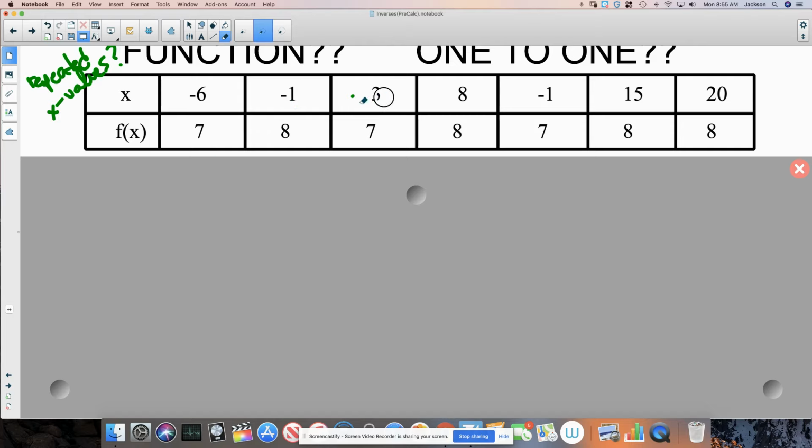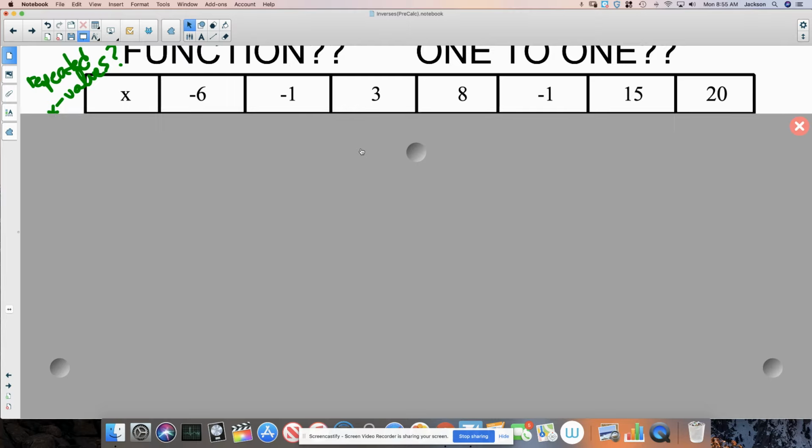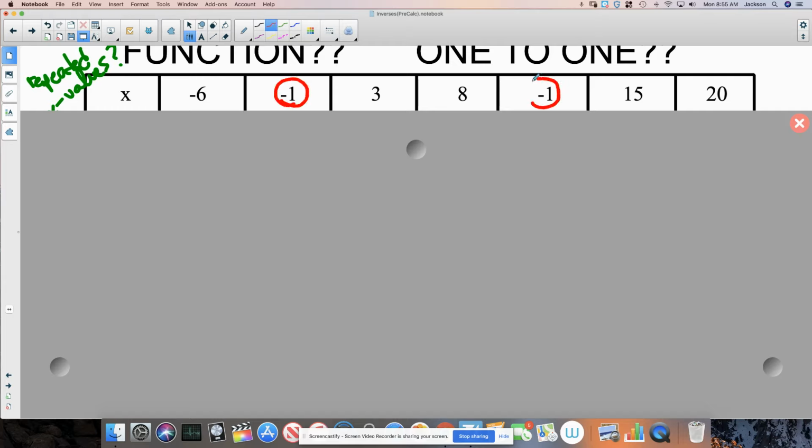So all you have to do to really answer this first question, is this a function, is look here. Look at only the x coordinates, right? Do we have repeated x coordinates? Yes, we do, okay? We have a -1 that shows up twice. So our radar is kind of going off right now.